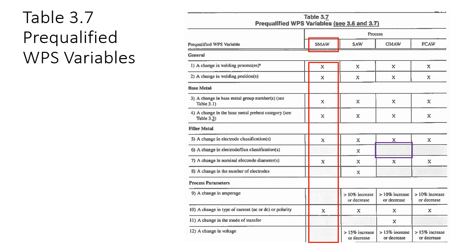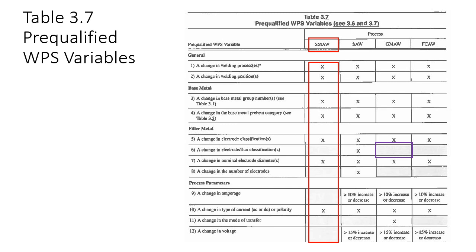A change in metal group numbers, a change in base metal, preheat categories. These are all things you need to address on your pre-qualified WPS. But a lot of them don't apply, like number 11 down towards the bottom, a change in the mode of transfer. There is no mode of transfer in shielded metal arc welding.